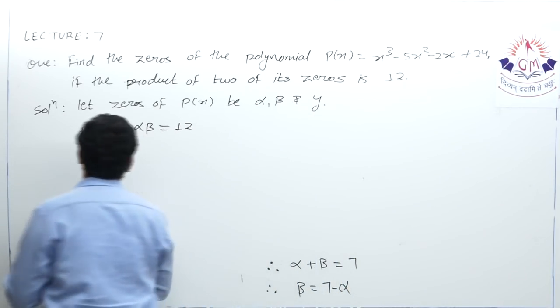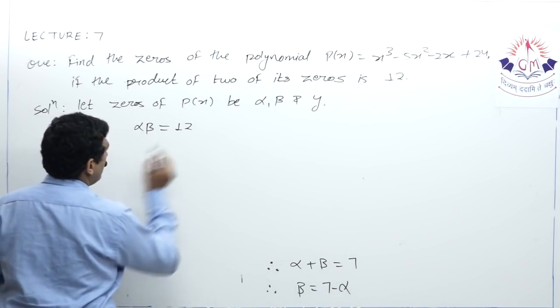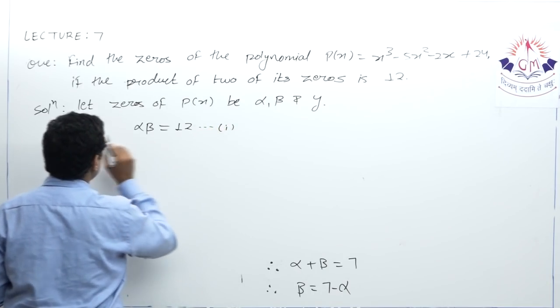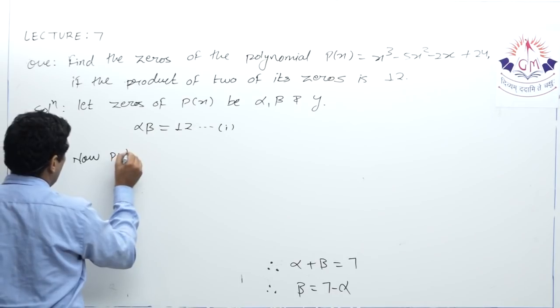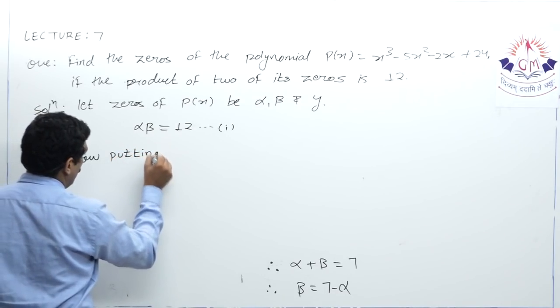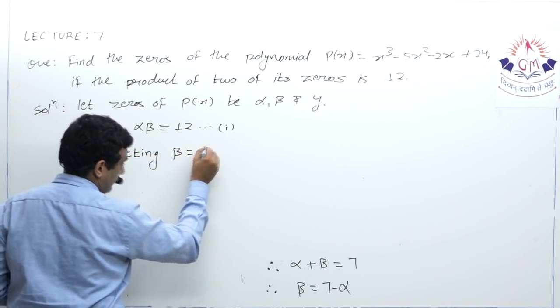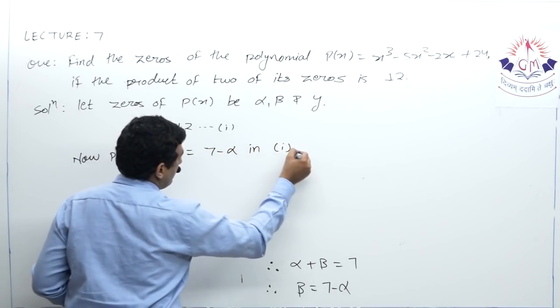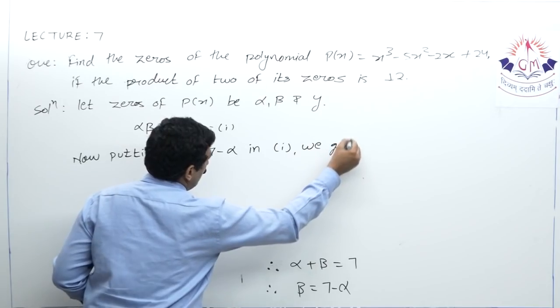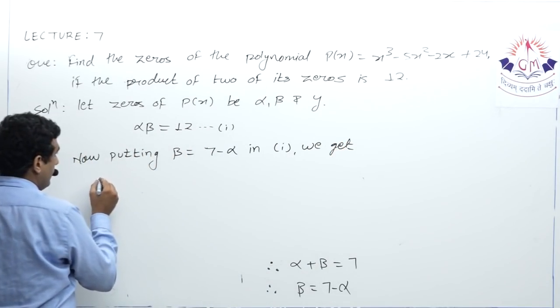Okay, that was equation number 1. Now putting beta is equal to 7 minus alpha in the first, what do we get?